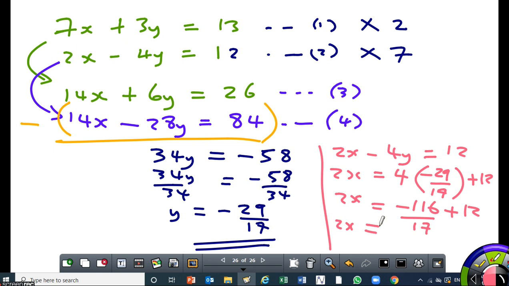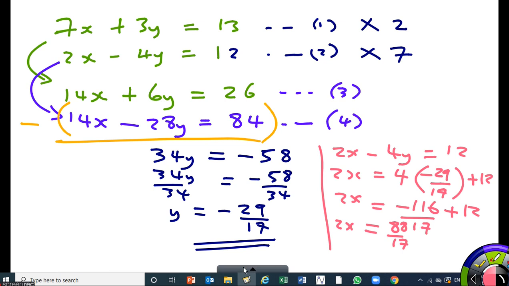Can someone just simplify the right hand side for me? 88 over 17. Then we want to solve for what? Remember, we're solving for x. So I divide both sides by 2. X will be equal to 88 over 17 divided by 2, which means I can remove the division sign and swap the 2 and the 1.